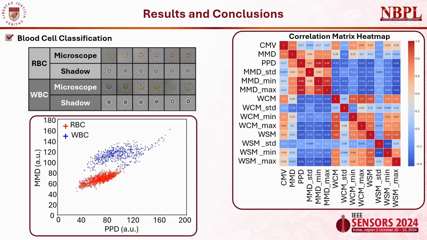And for blood cells, we matched the shadow images with the optical microscope images, and used the heat map of shadow parameters to clearly separate RBCs from WBCs. This demonstrates the potential of Cellytics in cellular classification.